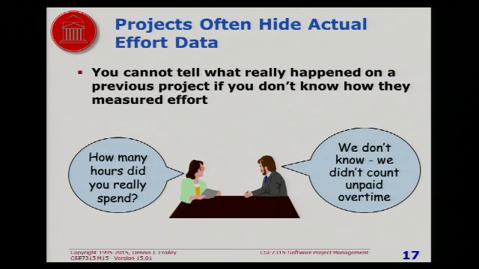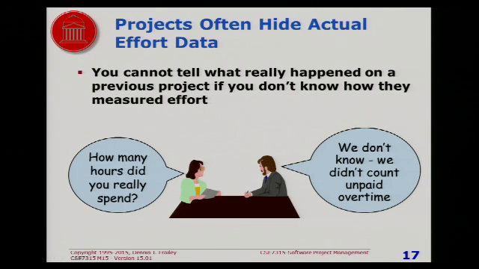Now, one of the problems that you run into, and it can really hurt you if you're a software manager, is people didn't report the truth on the previous project. For example, you say, how many hours did you actually spend doing this task?